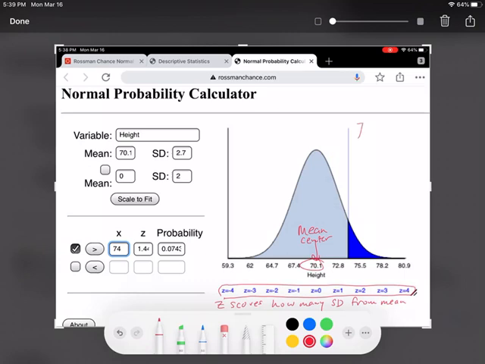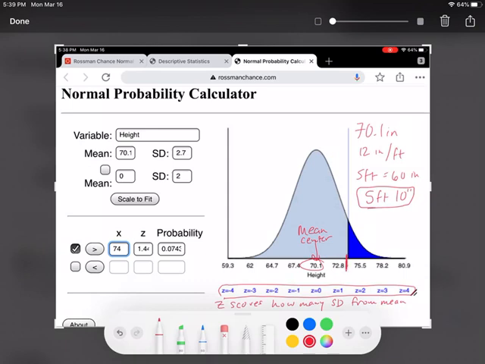Let's think about that for a minute. 70.1 inches. So there's 12 inches in a foot. So let's see. So 5 feet is 60 inches. So this would be 5 foot 10 inches. So we're saying that the average height of a man, according to this problem, is 5 foot 10 inches.